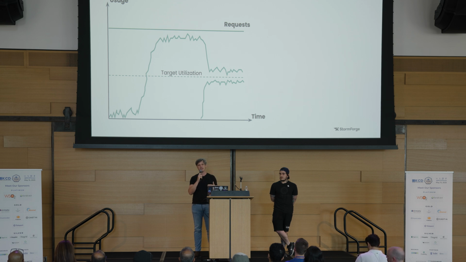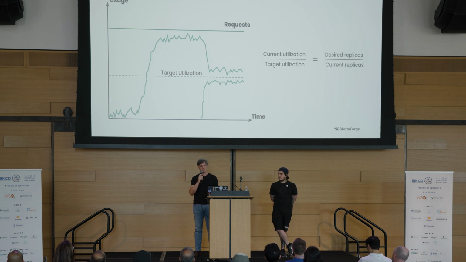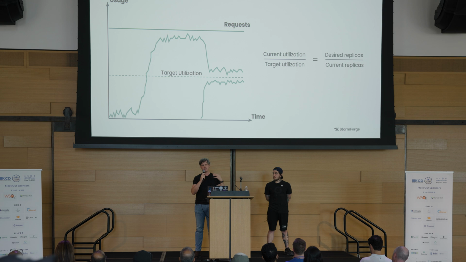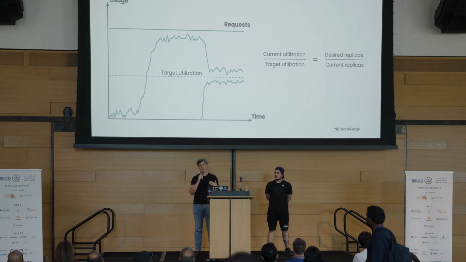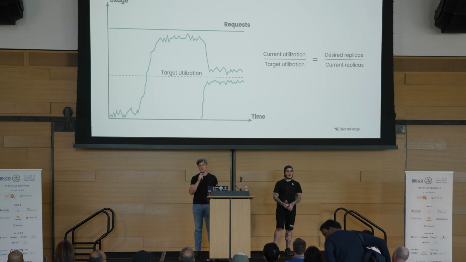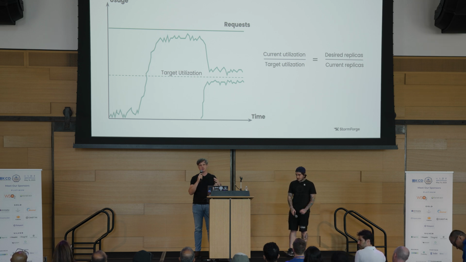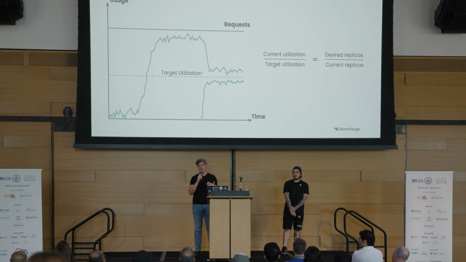The HPA will see that, will add a new replica, you see the second one come up, and it will share the load between the 2. What it's doing all the time is just looking at the current utilization and the target utilization and adding replicas so that basically the utilization matches the target.